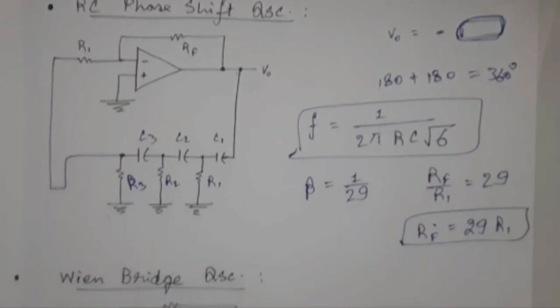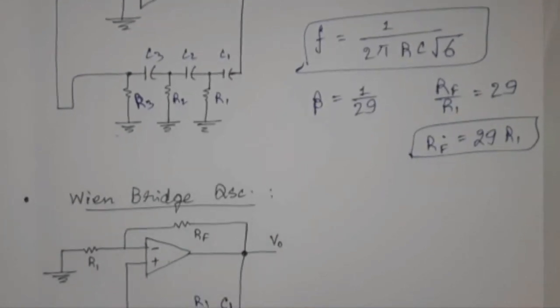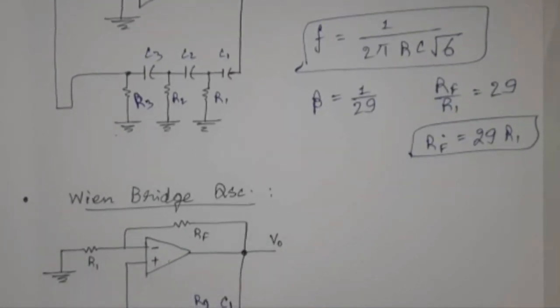Now moving on to the Wien-Bridge oscillator, we can see here it is an op-amp, resistances R1, RF, V out, and here are the capacitances C1, C2 and resistances R1, R2. We should make it C1, C2 just for simplicity.